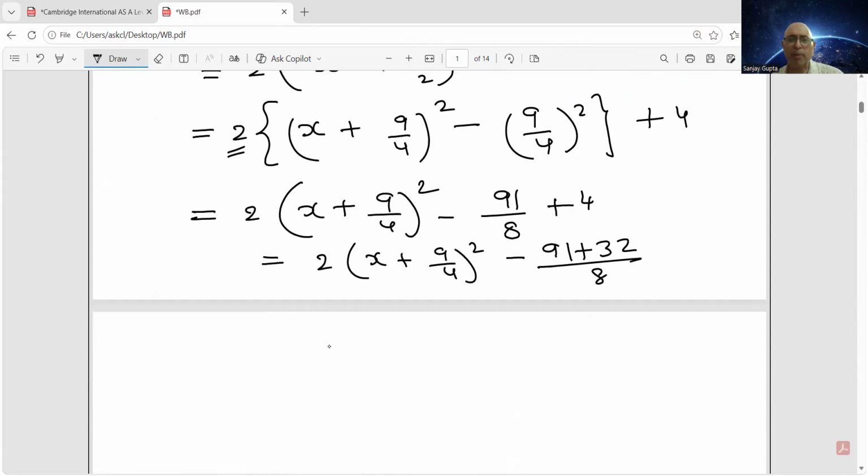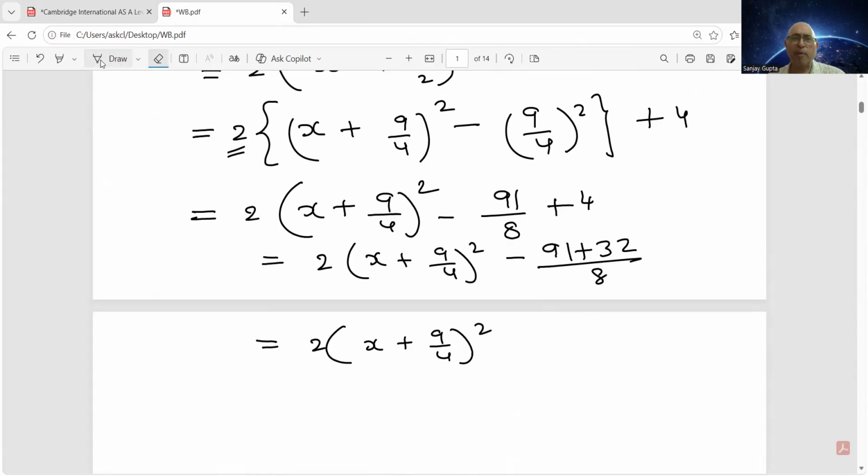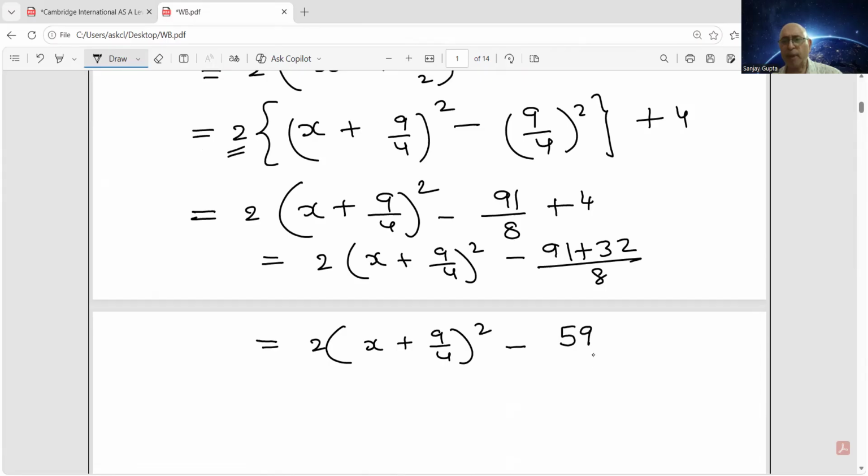So we get 2 times x plus 9 by 4 whole squared, and we are going to end up with 91 minus 32, which would be 59. Yes, 59 over 8. So the coordinates of the vertex are going to be minus 9 by 4 and minus 59 by 8.